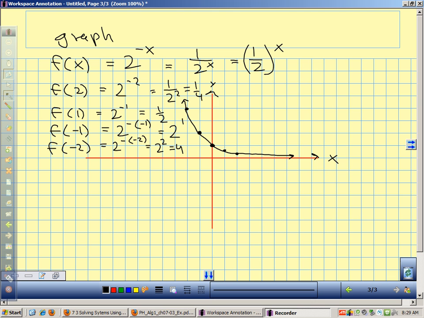Is this ringing some bells from what you've done before with exponential functions? Yeah. All right, so exponential functions transform just like any other function.